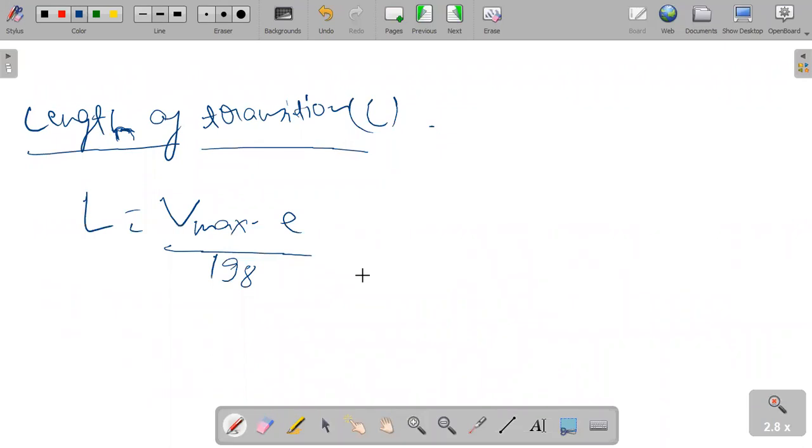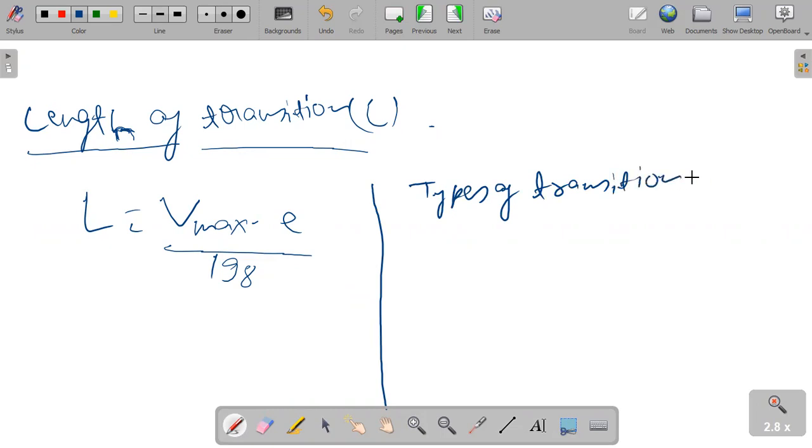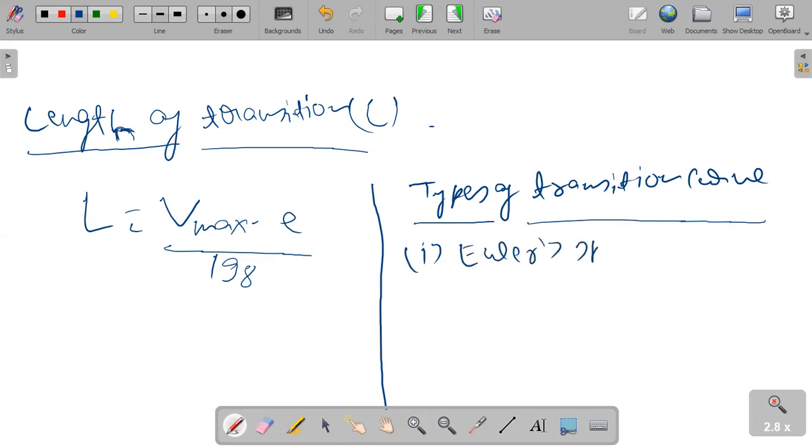And we have formulas for all of them. For the Euler's spiral, we have the formula phi is equal to L square upon 2RL, where this small l is the distance of any point from takeoff.